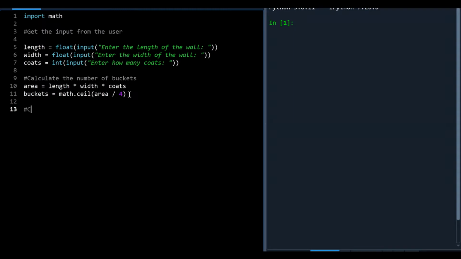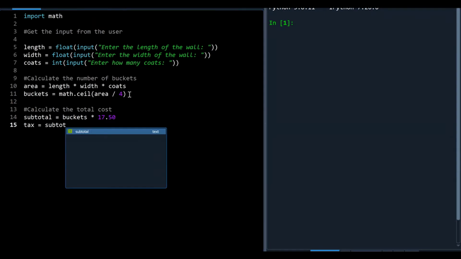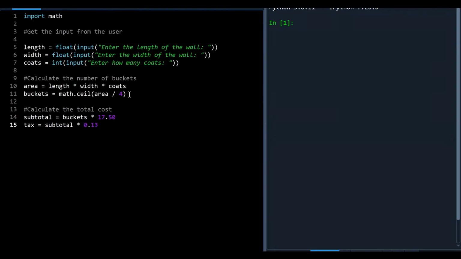All right, and now I can calculate the total cost. So our subtotal is going to be the number of buckets times 1750, and it's going to then have a tax of the subtotal times 0.13, and a final total equals the subtotal plus the tax.